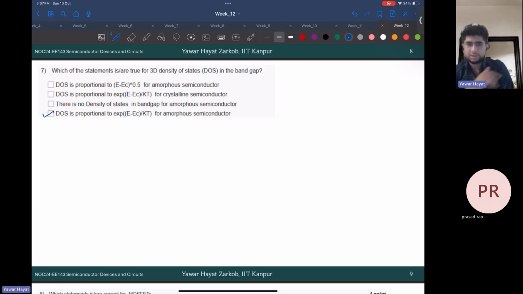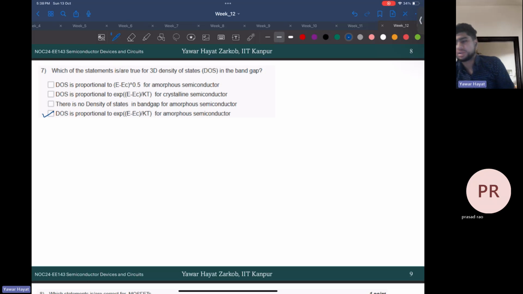In fact, we can show that the Gaussian behavior can be modeled by two exponential density of states. That is the reason why double exponential density of states and Gaussian density of states are used for amorphous semiconductors. And to my knowledge, mostly double exponential density of states is used for amorphous semiconductors.